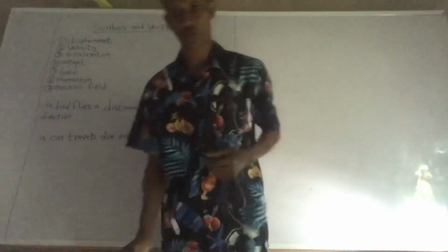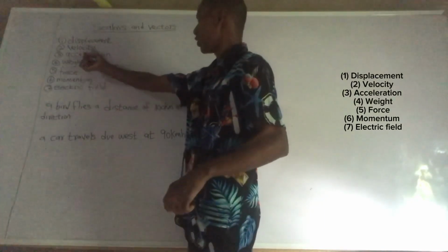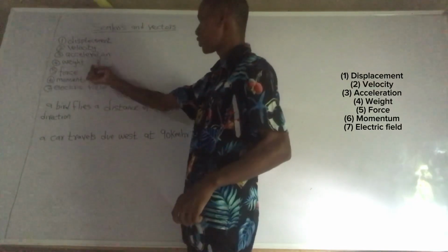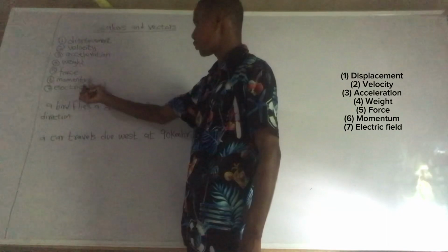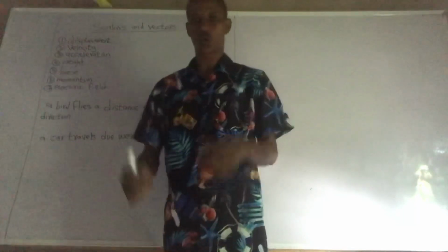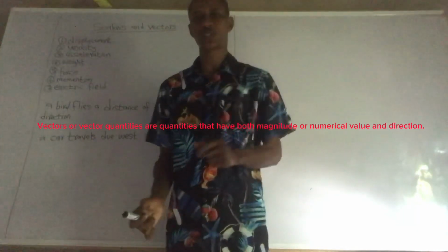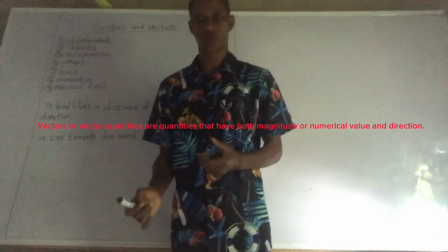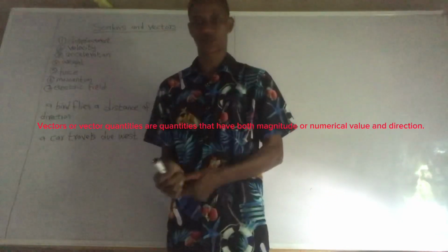Now, examples of such quantities are displacement, velocity, acceleration, weight, force, momentum, and electric field. What then are vector quantities? Vector quantities are quantities that have both magnitude or numerical value and direction.